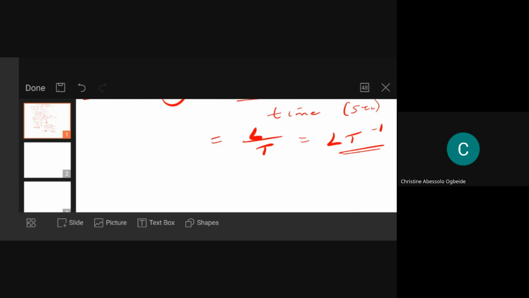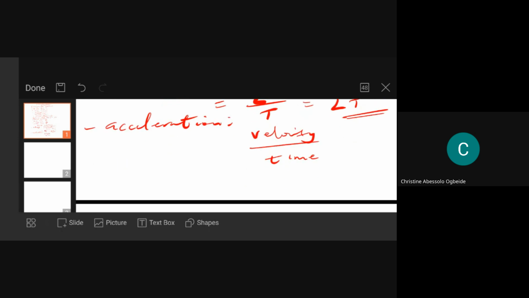Another one, acceleration. I know I'm taking time to begin from here, so that by the time we get to start solving some simple problems, it wouldn't be any issue at all. Acceleration. How do we define acceleration? Acceleration is simply change in velocity all over time taken.